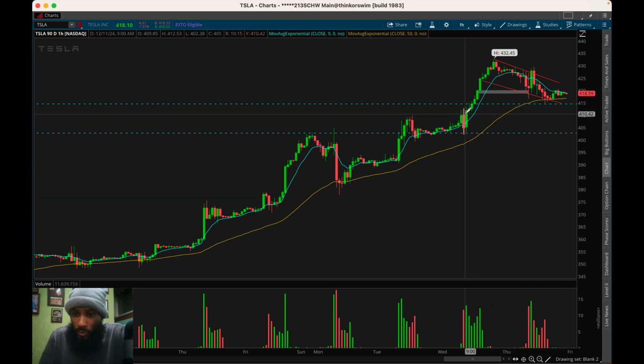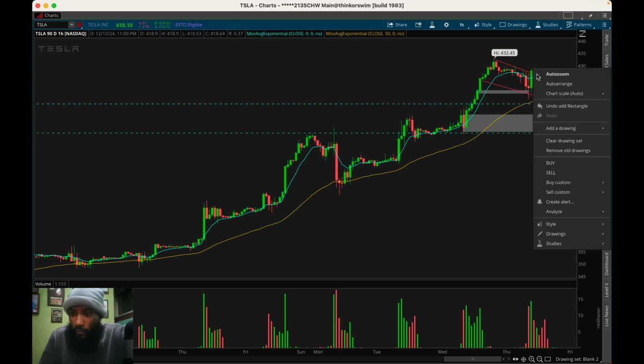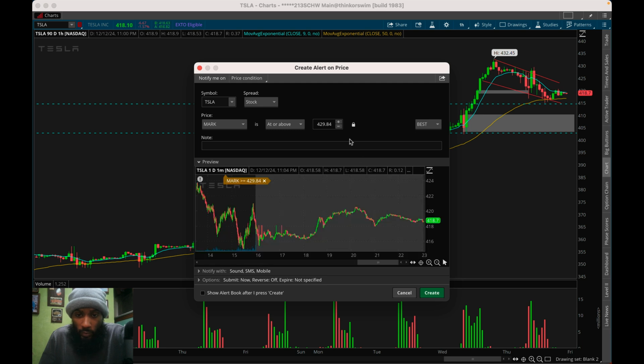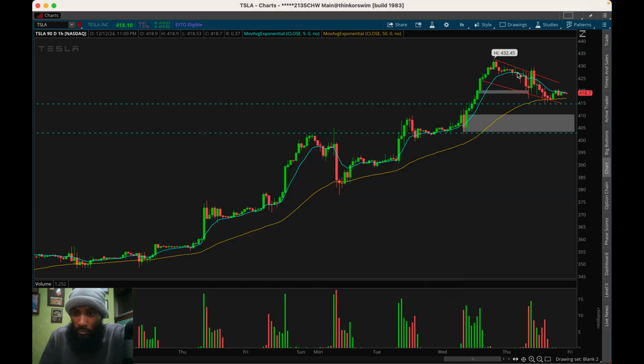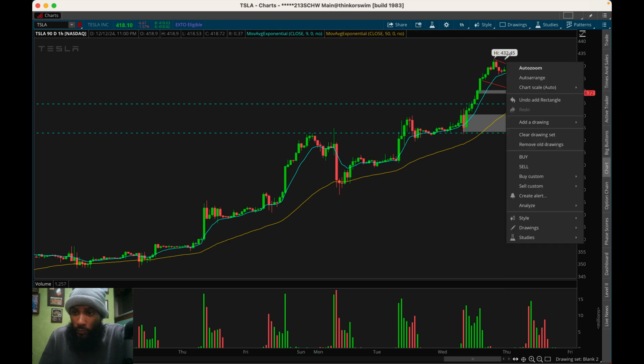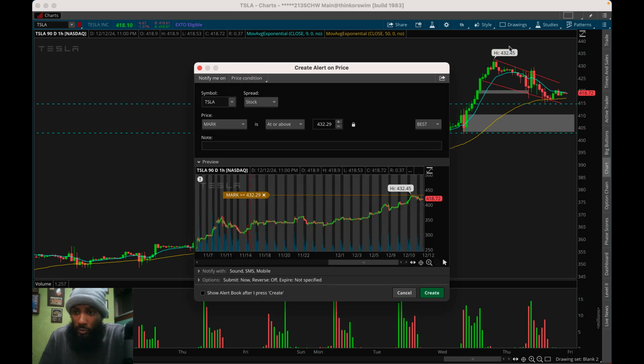If that doesn't hold up, then this level, 410 as well, because this is a demand zone here on the 1 hour time frame. All right, so these are two good levels that you could look for bounces for the stock to go up. And we also have above 429, aka 430, for some opportunities up to about 432, and then of course above 432.50 we could see some more upward momentum towards 440 and maybe 450 and higher.